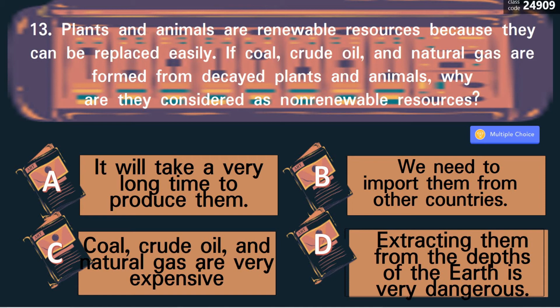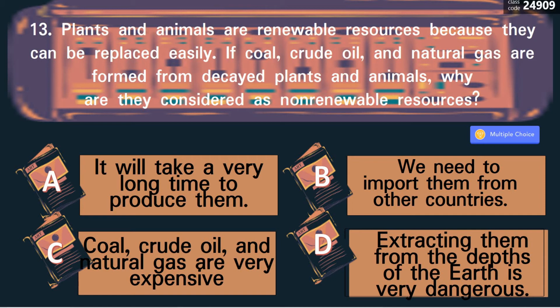Plants and animals are renewable resources because they can be replaced easily. If coal, crude oil, and natural gas are formed from decayed plants and animals, why are they considered as non-renewable resources? Is it A, it's because it will take a very long time to produce them?